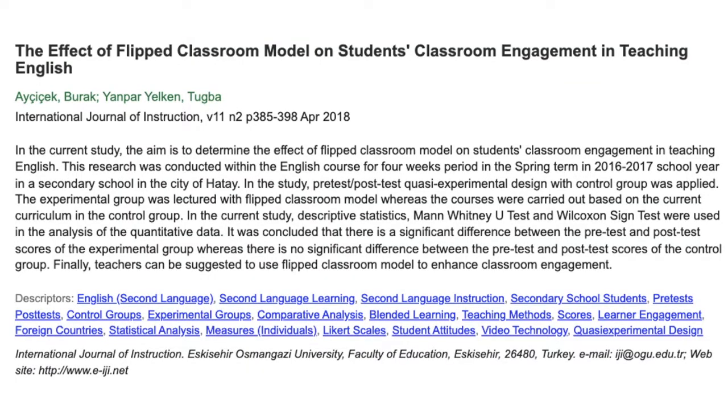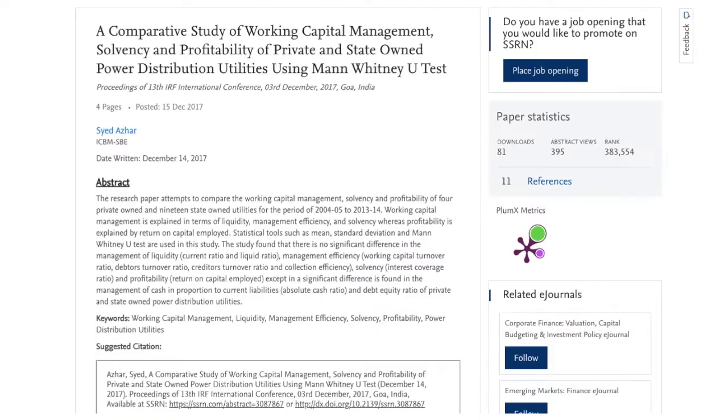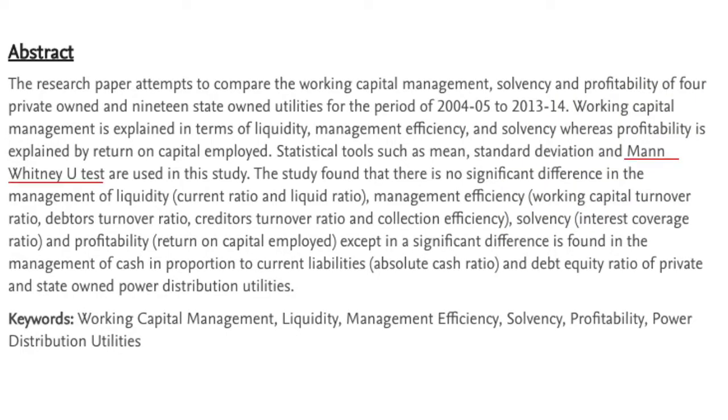This work used the Mann Whitney U Test in the analysis of its quantitative data. A comparative study conducted in India in 2017 also used the Mann Whitney U Test as one of its statistical tools. You can also pause this video and read the abstract if you wish to know what this study is all about.